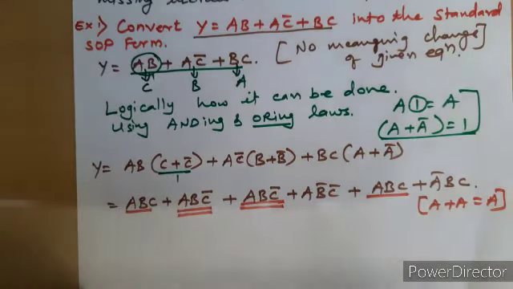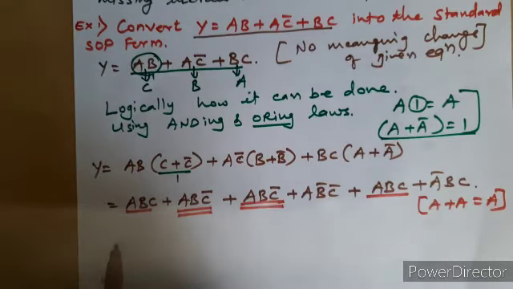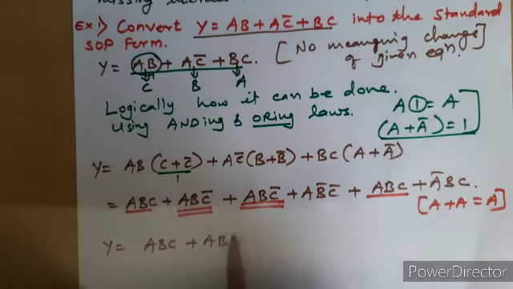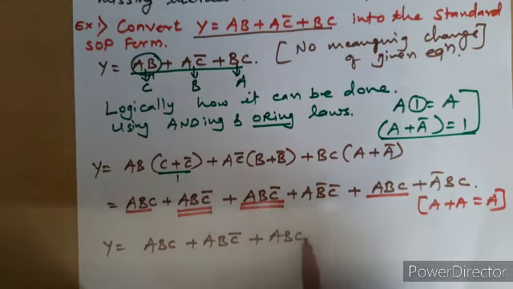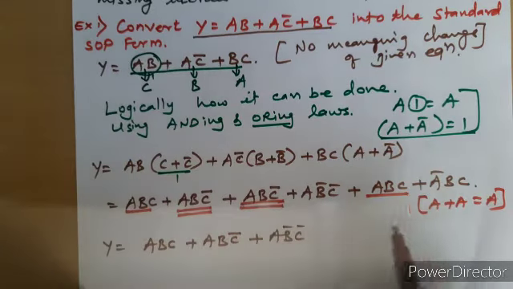Out of these two we are going to consider only one term. So my Y is ABC plus ABC bar plus A B bar C bar plus A bar B C.